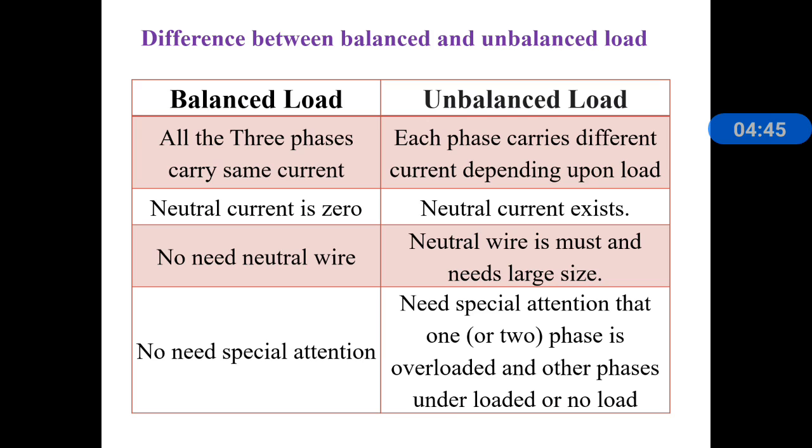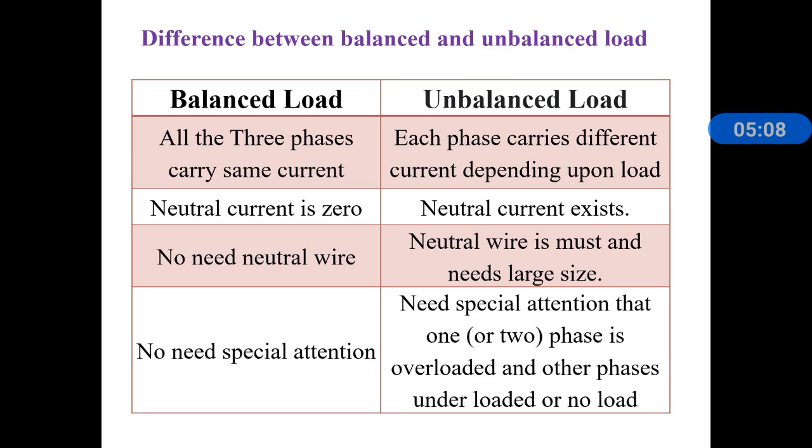Neutral current is 0 under balanced load, while in the unbalanced condition, neutral current exists. In the balanced load condition, third point, there is no need for a neutral wire because there is no neutral current, but in unbalanced load condition the neutral wire is a must and needs a large size because it carries a large current also.